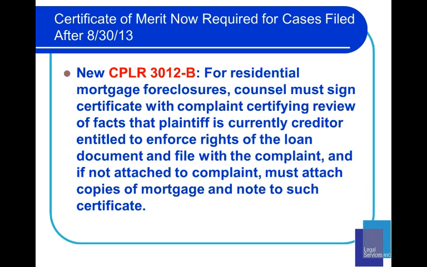Counsel are required to sign a certificate certifying that they've reviewed the facts and that plaintiff is currently the creditor entitled to enforce the rights of the loan, and requiring that they file with the complaint, if it's not attached to the certification, copies of the mortgage and note and any assignment documents. So that should at least get the facts out about this stuff right at the outset.